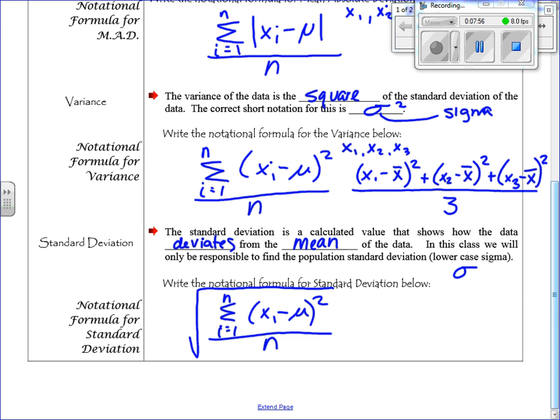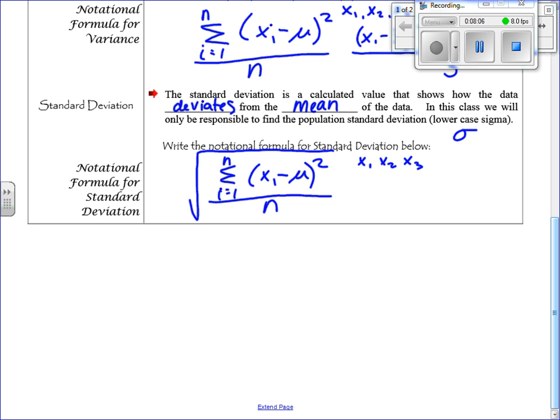So basically, going back to our x sub 1, x sub 2, x sub 3, I have x sub 1 minus the mean of the data, squared, plus x sub 2 minus the mean of the data, squared, plus x sub 3 minus the mean of the data, squared, all over 3.